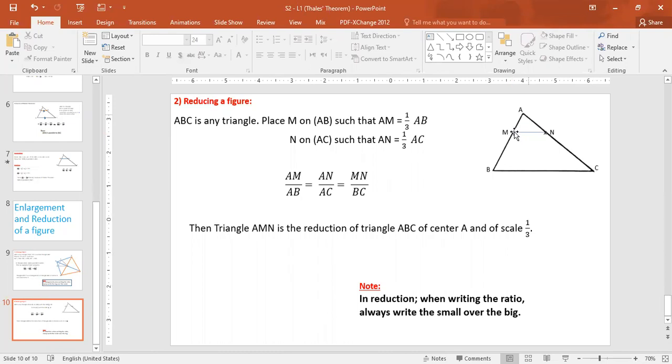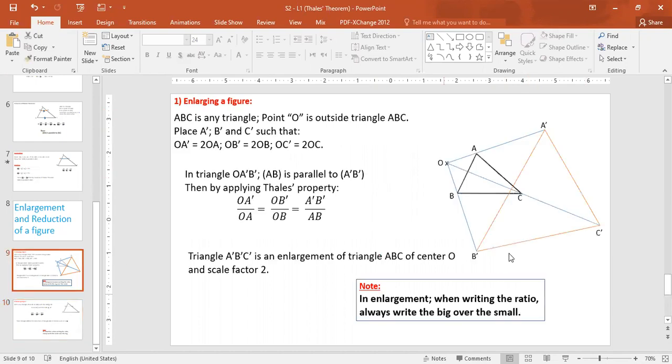Why? Because AM is smaller than AB. So whenever we write the ratio of reduction, we start with the small length over the big length, while in enlarging, as you can see, I started with the big length over the small length. This is how we write a ratio in reduction and enlarging a figure.